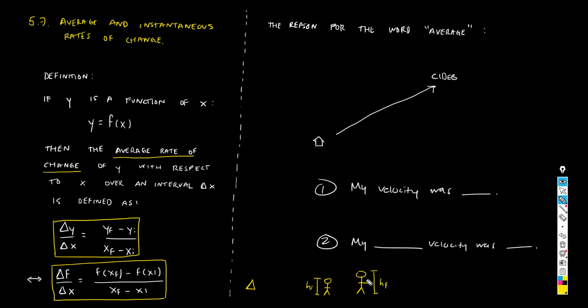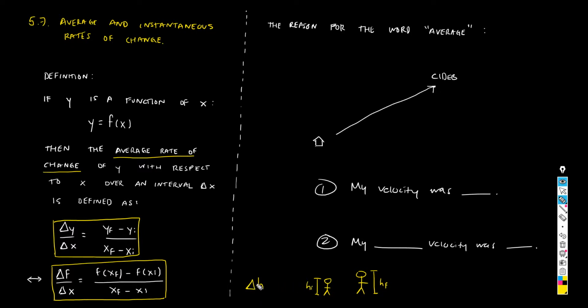If you want to express this change in the height, a quantity that is changing, you can write delta h. You can read this as the change in the height.